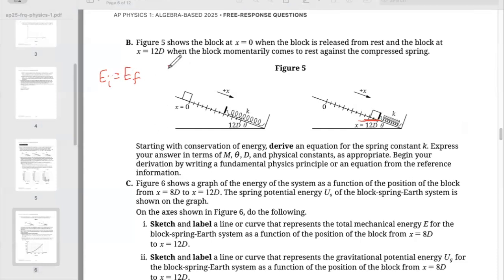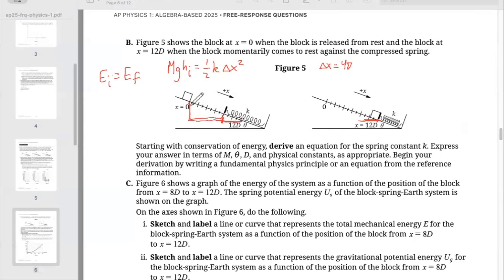So that would imply that you have mg times initial height is equal to 1/2 k times the spring displacement squared. Well, the spring starts at 8D and it compresses until 12D. So that means that delta x is just going to be 4D.